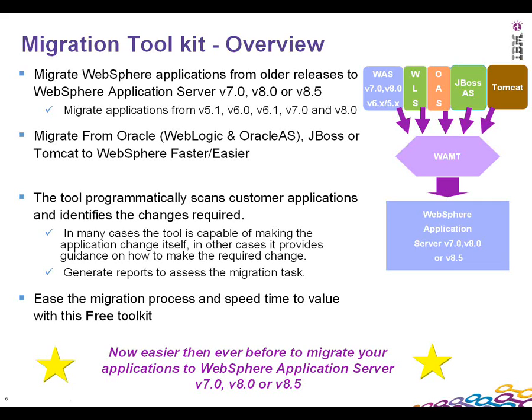If you give this as an input to the migration toolkit, what you get is the desired target app server, whether it's 7.0, 8.0, or 8.5, with code which is ready to go for production. Of course, there could be some minimal changes that we need to do manually.